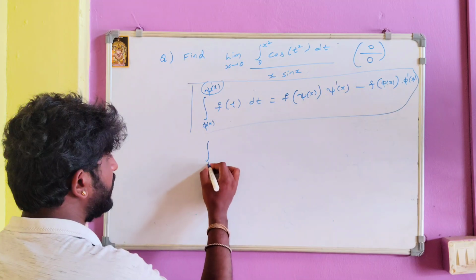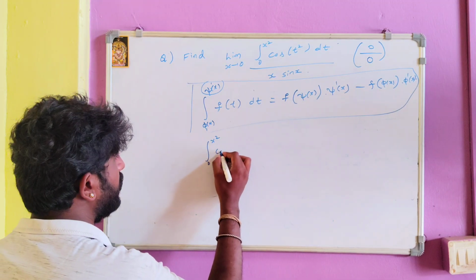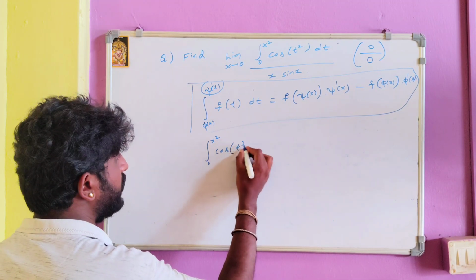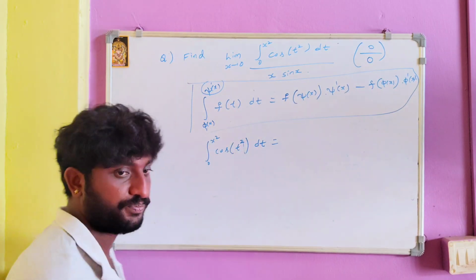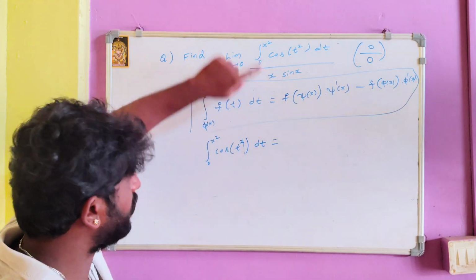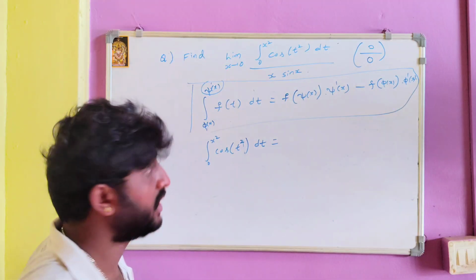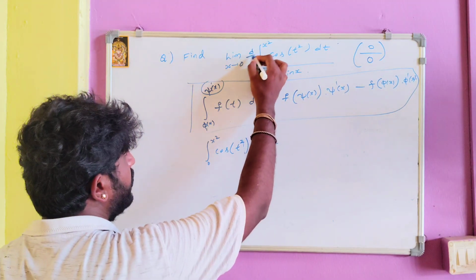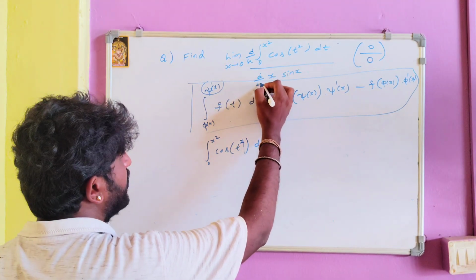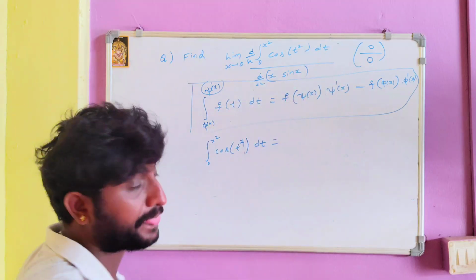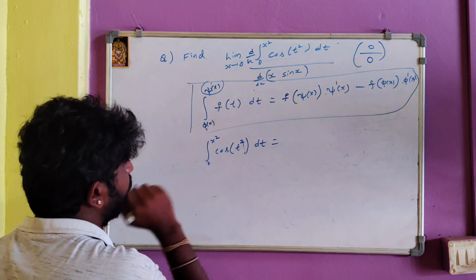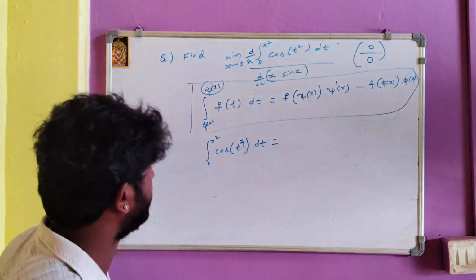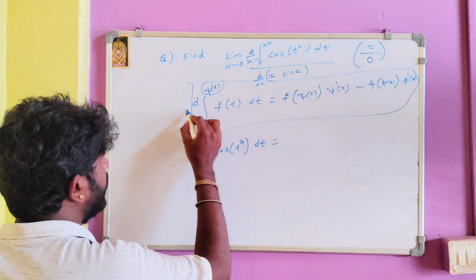See, this is integration 0 to x square cos of t square dt. Okay, this is the rule. Because we are applying L'Hopital rule here, I am differentiating the numerator and the denominator separately.